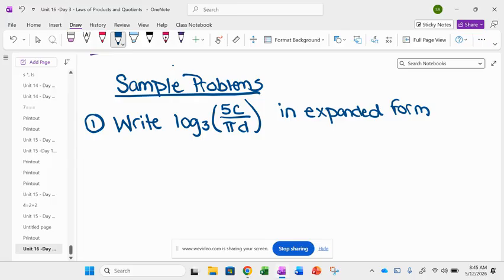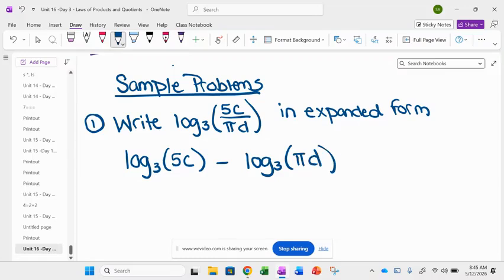I see that fraction bar that represents division, which means I can change my argument that's being divided into log what? Subtraction. So we can change that argument that's being divided into log subtraction. So what is this going to be? It's going to be log base 3 of 5c minus log base 3 of pi d.